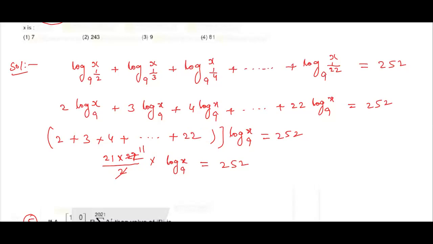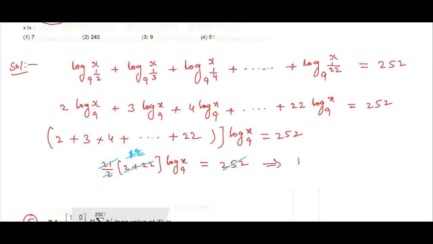This series, observe, is an AP series. Sum of 21 terms, what is the formula? 21 by 2 into A plus L. A means 2, L means 22. This is overall 24. 2 12s are 24. 12 21s are 252.